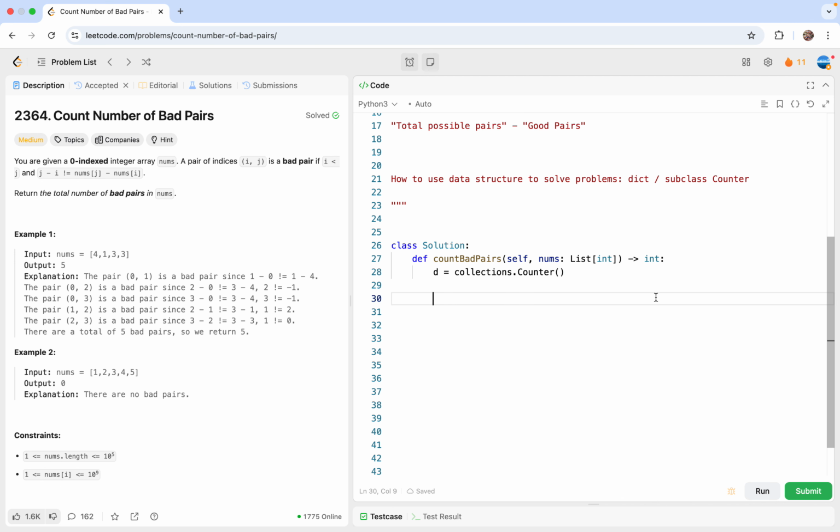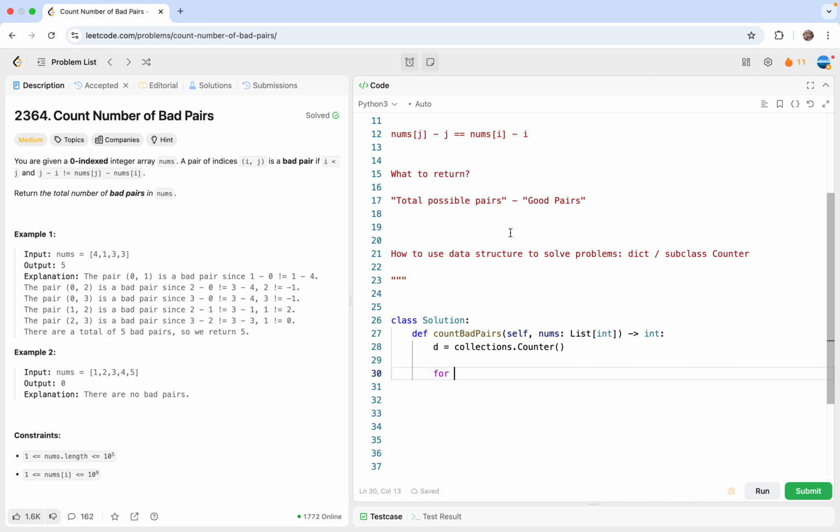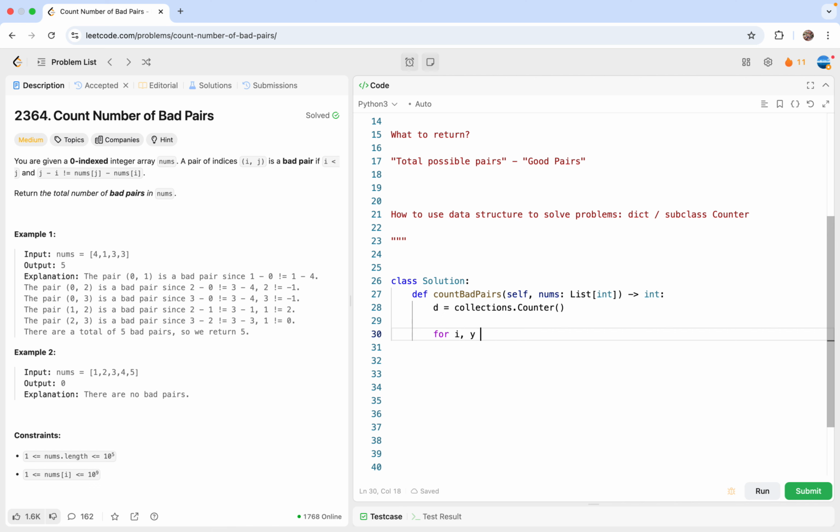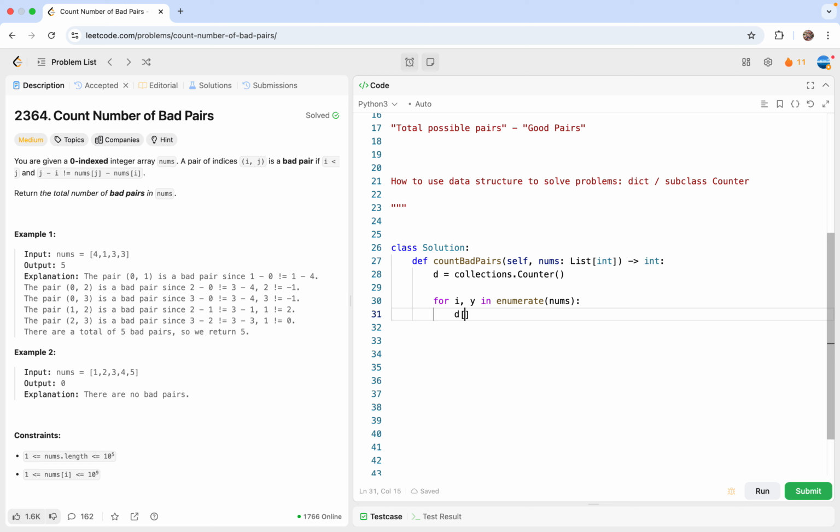Then I'm going to iterate over the nums. As we are interested in the indices, I need to use for i, y in enumerate nums. What we store will be the count of the element minus the index, incremented by 1. That's the information we need.